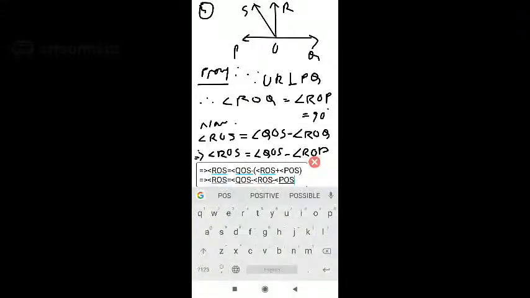Now both sides have ROS, so the right-hand side ROS I'll transfer to this side.